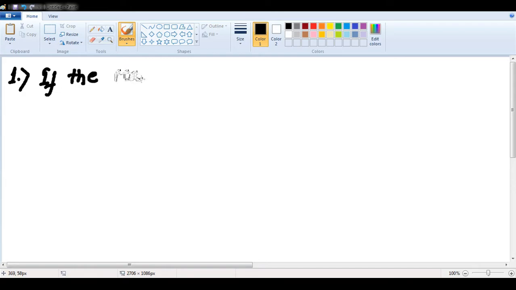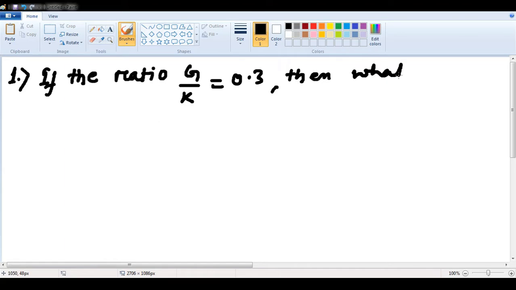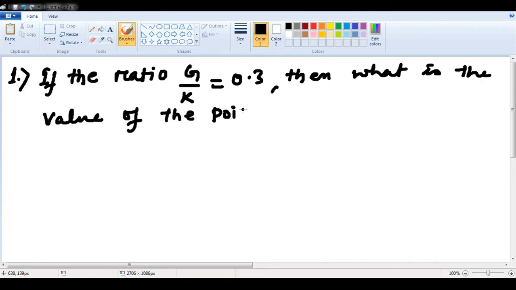Question is, if the ratio G by K is equal to 0.3, then what is the value of the Poisson's ratio?